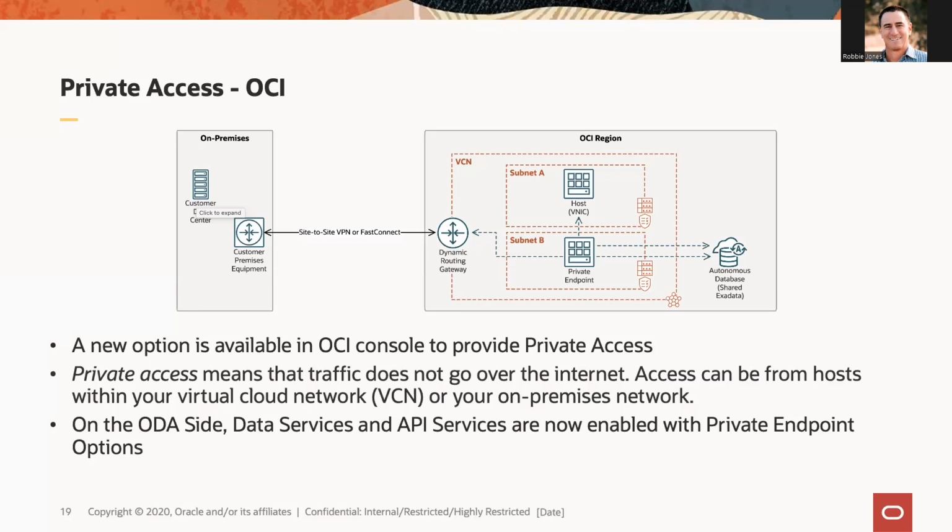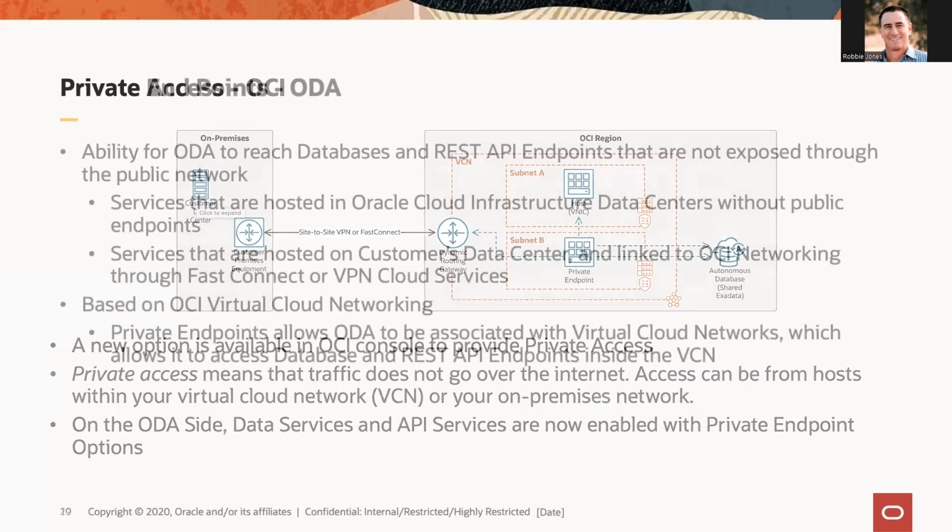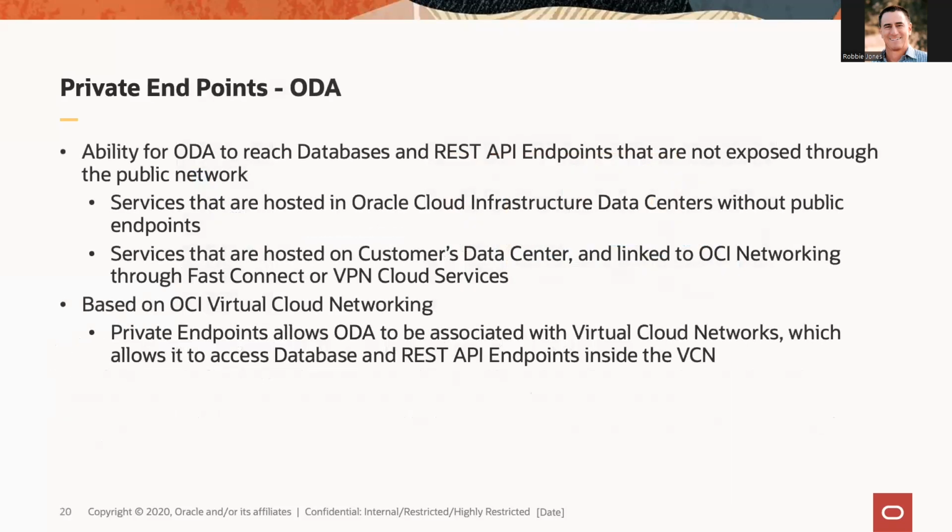So now on the ODA side, we've done a bunch of work to allow this within the data services tab to allow ODA to call something over that. And what that looks like in ODA is what we're calling a private endpoint. So this is the ability for ODA to reach your apps that are not exposed to the public network.